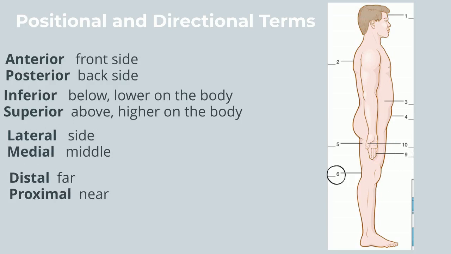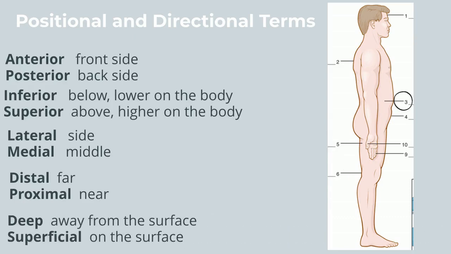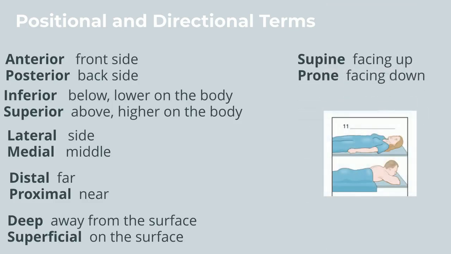Distal is far or farther away from the trunk of the body. Proximal is near or closer to the trunk of the body. Deep is away from the surface, further inside the body. Superficial is on the surface. Supine is facing up, and prone facing down.